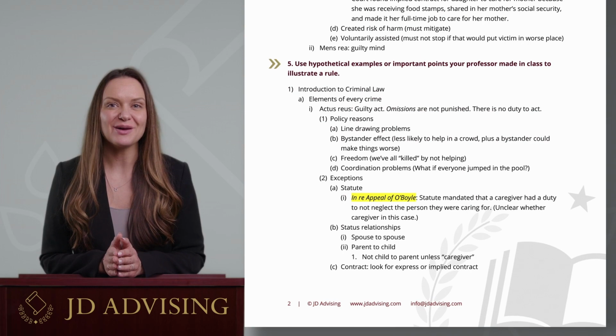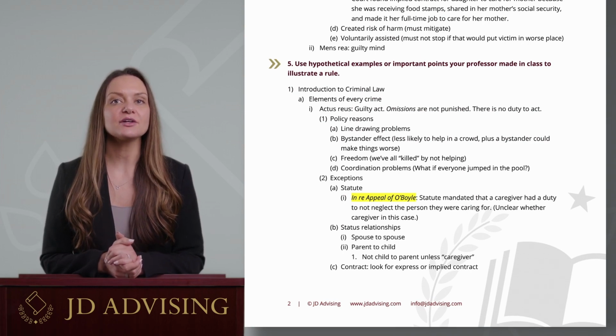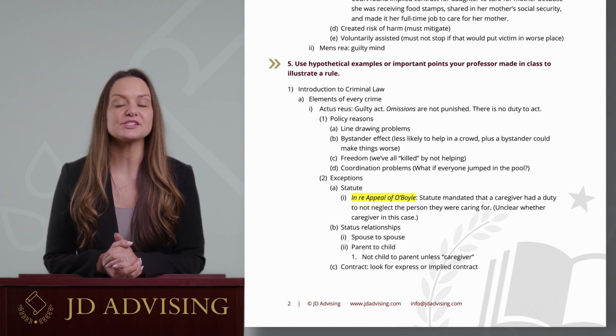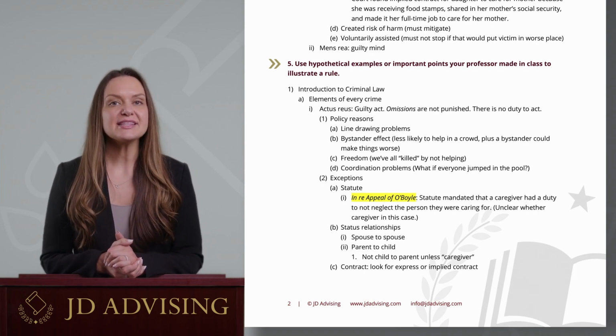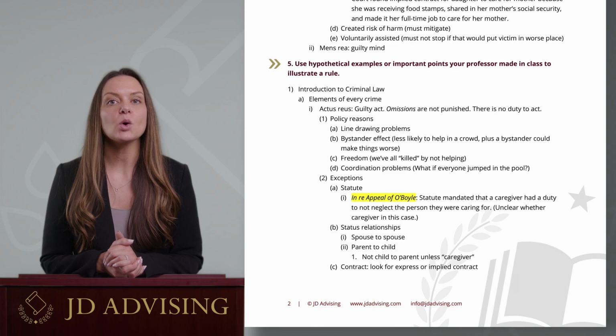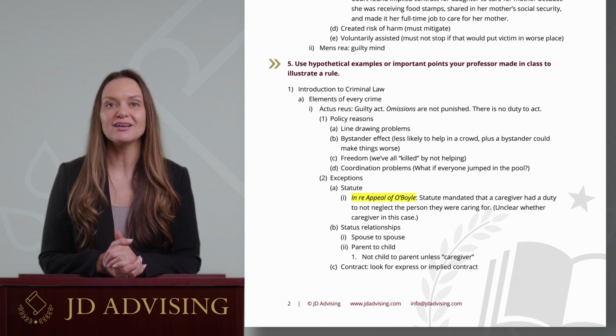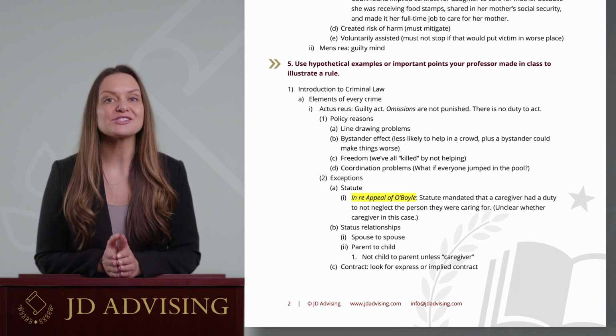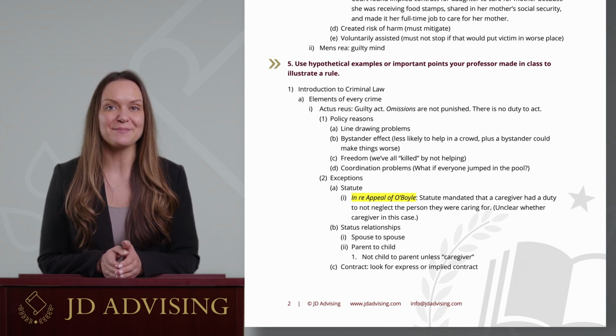The 5th step of outlining is to include hypothetical examples or important points your professor makes in class to illustrate a rule. The reason this step is so important is because not only are hypos and examples helpful to you to understand the law, but remember, your professor writes and grades your exam.